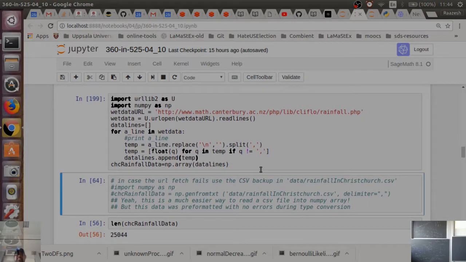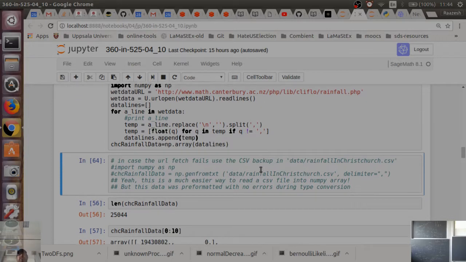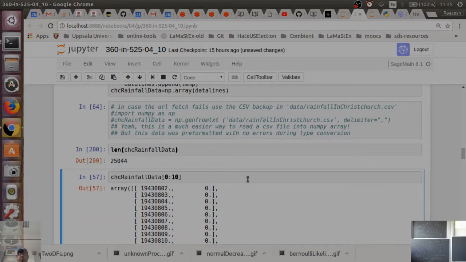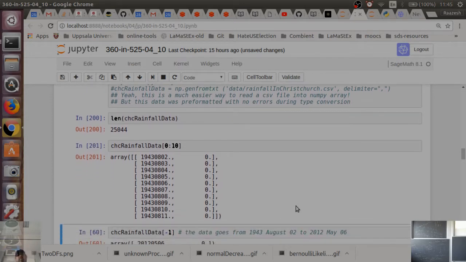So this will basically get this data we kept for a while. It stops at 2012, kind of when I started consulting for industry. It has 25,044 records. And if you look at it, it starts from August 2nd, 1943, which is when the airport in Christchurch had this weather station recording events.